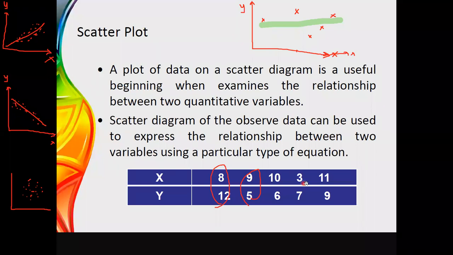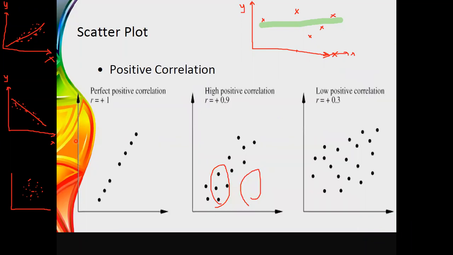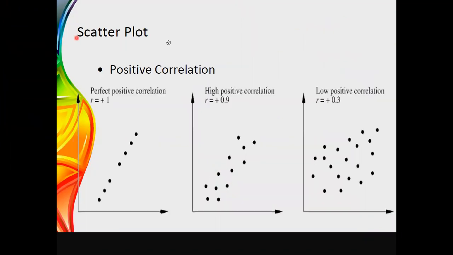And if you move to the next one, there are some examples I have included for the behavior of these scatter plots. In the first graph, you can see that there is a perfect positive correlation. Perfect means if you draw a line, all the points are exactly on the line.